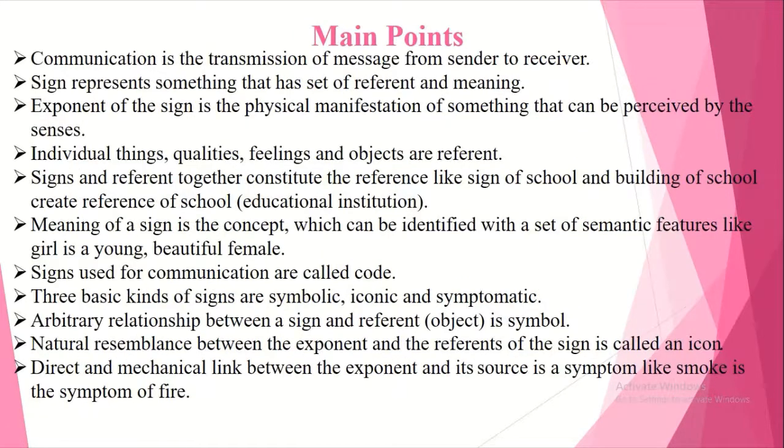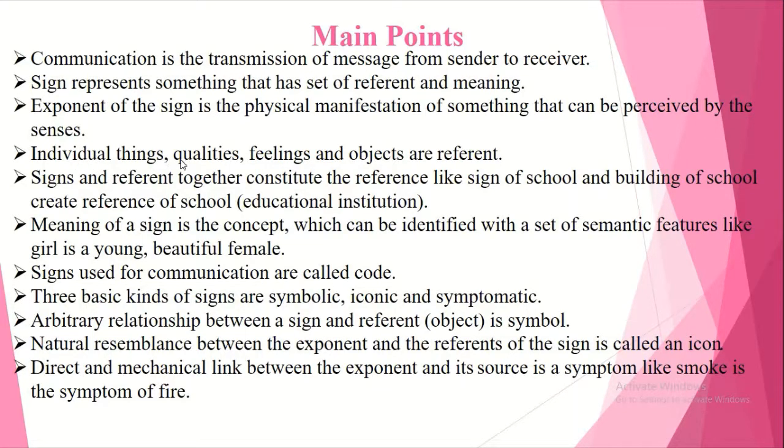Let's have a look at the main points of this lecture. Communication is the transmission of a message from sender to receiver. A sign represents something that has a set of referents and meaning. The exponent of the sign is the physical manifestation of something that can be perceived by the senses.